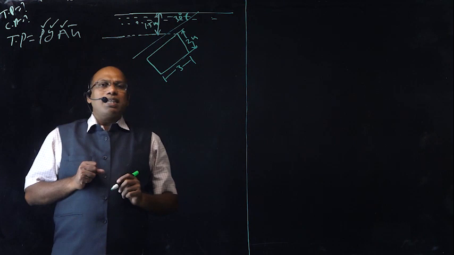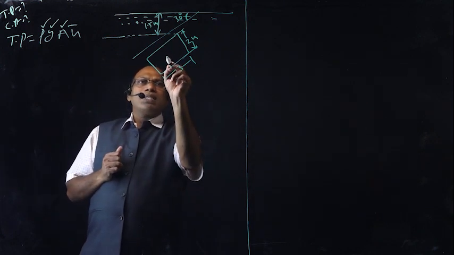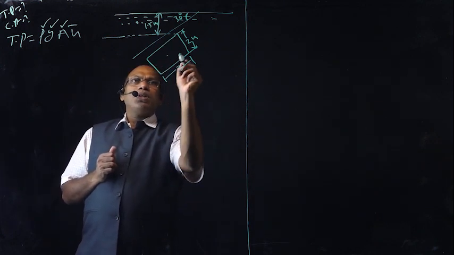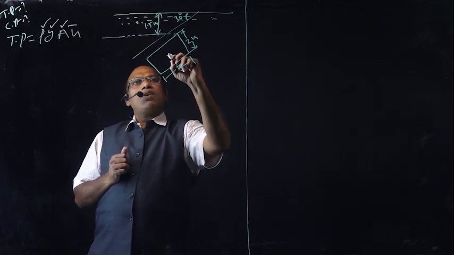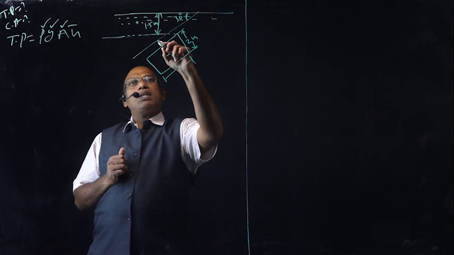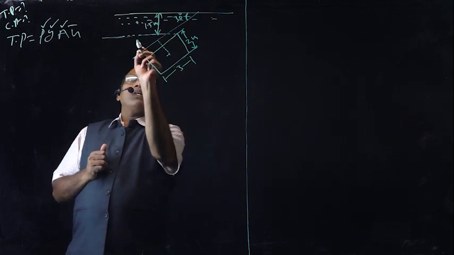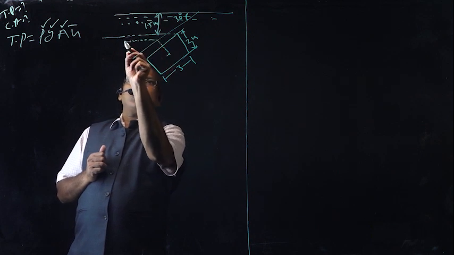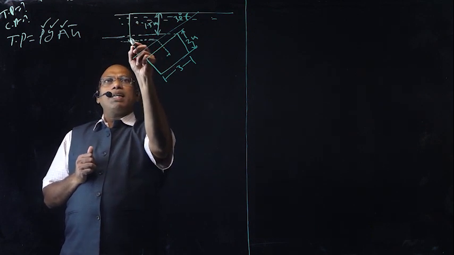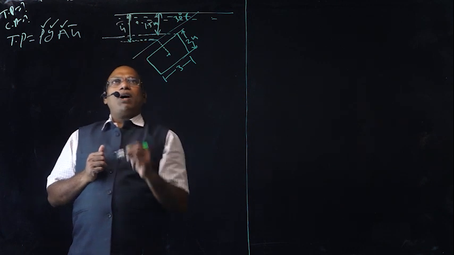h bar means the distance between the center of the object to the free surface. This is the center of the object. This is nothing but h bar.